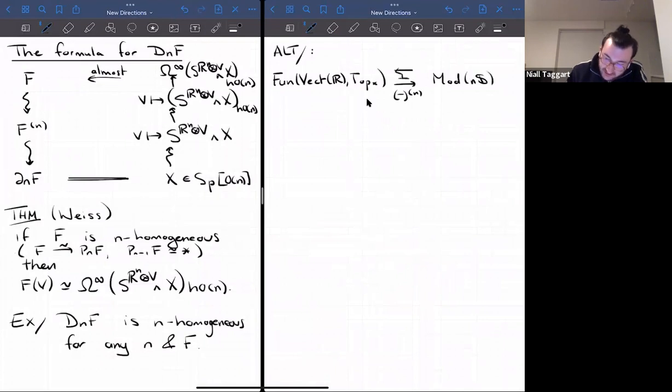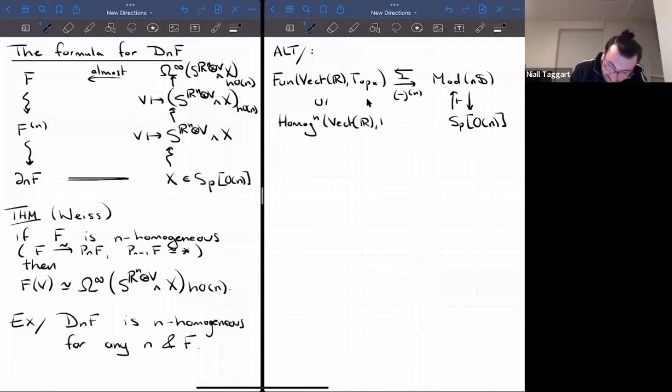So there's some left adjoint to this guy. And then we have our change of rings. And you can ask, well, when does this give you an equivalence of homotopy theories? And if you look inside the n-homogeneous functors, then the composite here is an equivalence of homotopy theories.